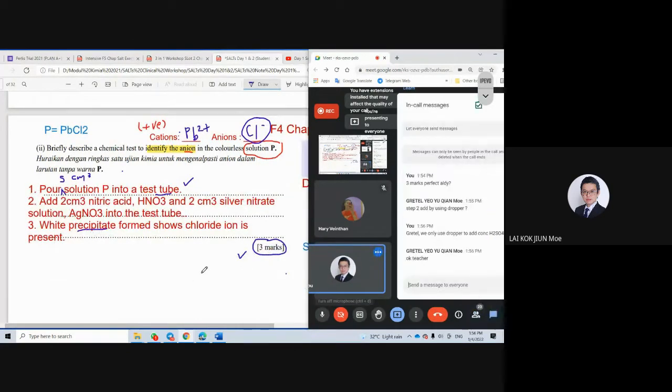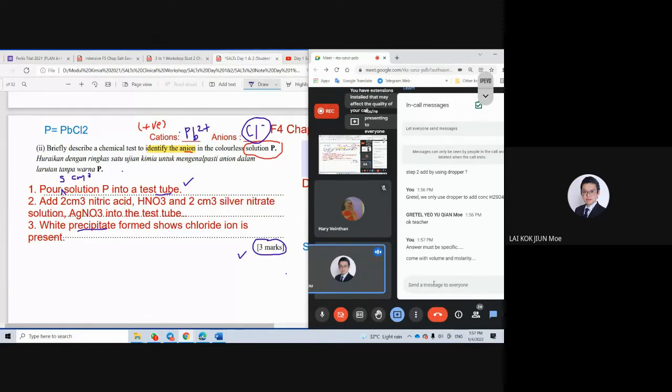Okay, so do you still remember yesterday in Mr. Lai's workshop, we said everything must be specific and must have the volume and also molarity. So you can check, is the volume there already? How about molarity? So every time be careful.